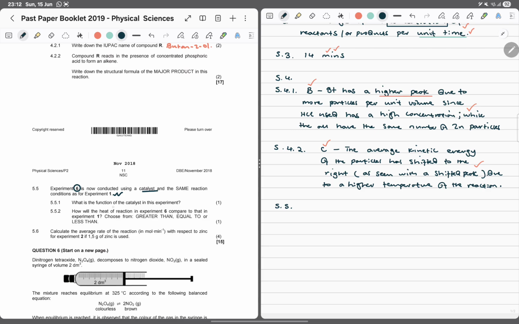So the question says, what is the function of the catalyst in the experiment? Of course, the catalyst lowers the activation energy, resulting in a higher reaction rate than experiment 1.